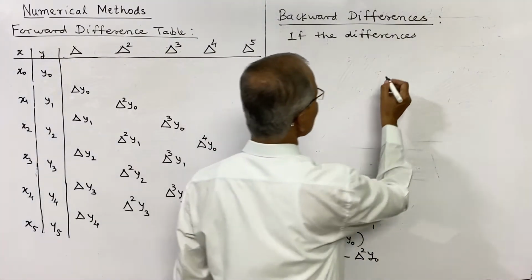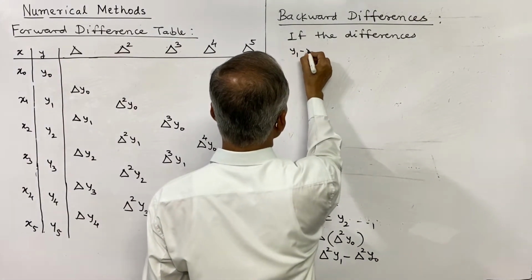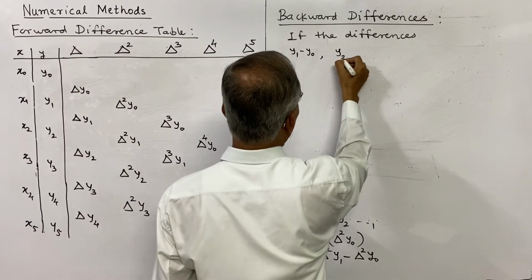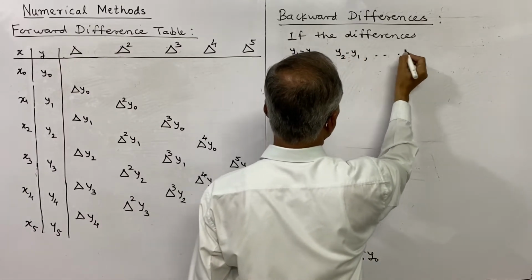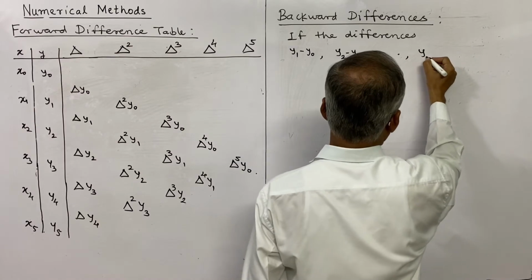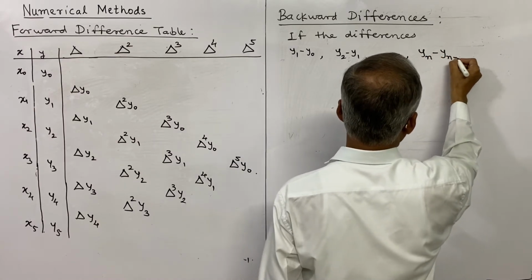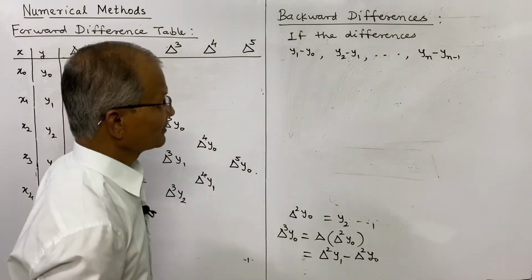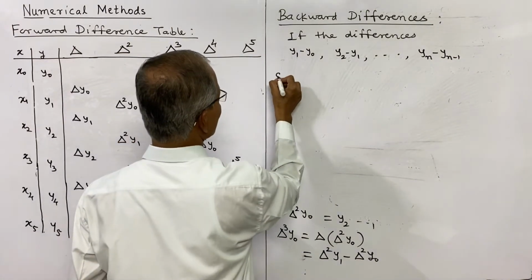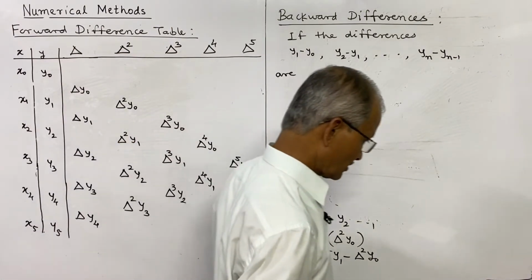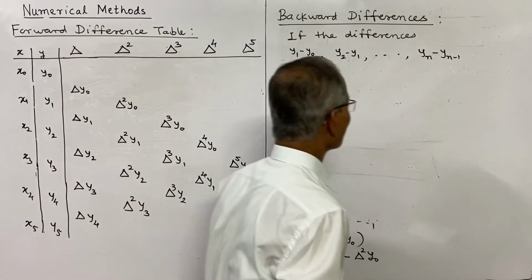If the difference is y1 minus y0, then y2 minus y1, and so on, up to yn minus y(n-1), these are the backward differences.